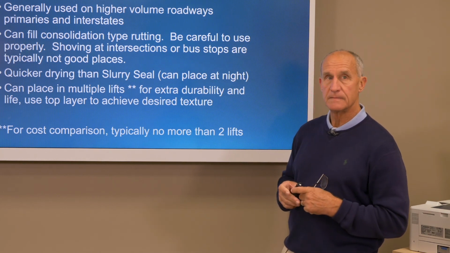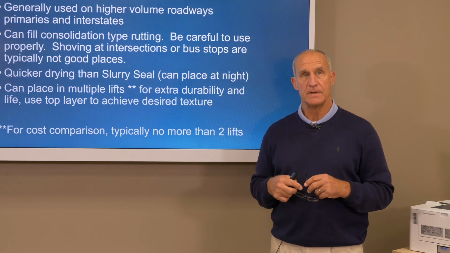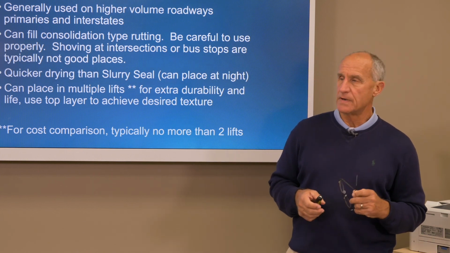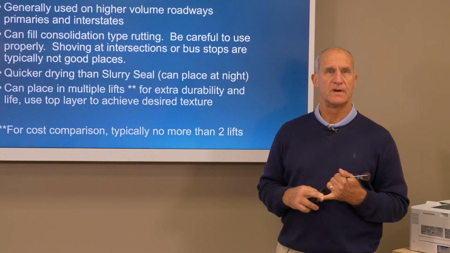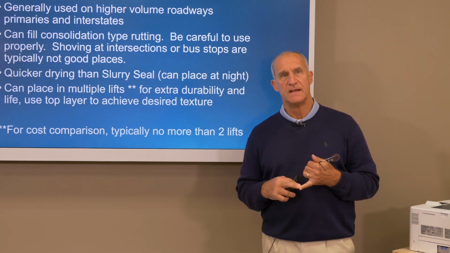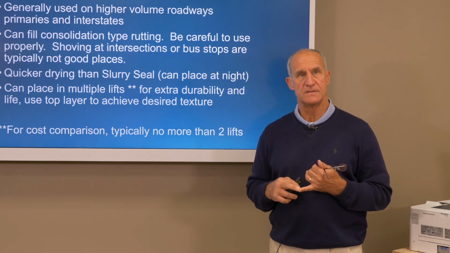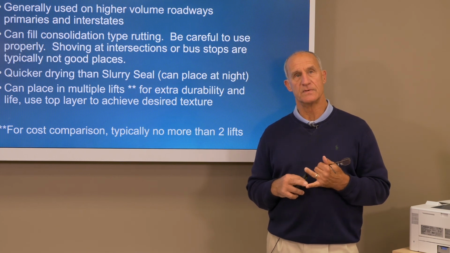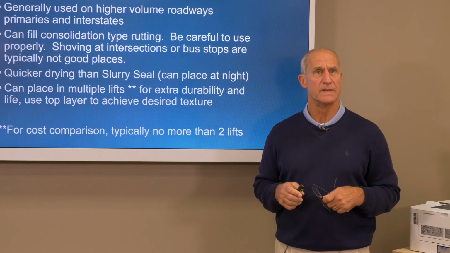That's one type of consolidation rut that we're fairly comfortable being able to remedy with the microsurfacing. But you need to be careful where to use it. Rutting that's typically described at intersections or at bus stops is typically more plastic deformation than consolidation type rutting, and that's really not a good spot for this type of a fix that you can expect microsurfacing to work for you.